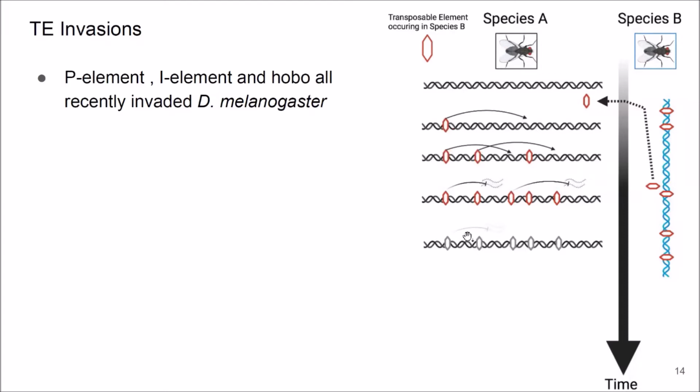And then eventually, over time, if the TE is not active anymore, it will just accumulate random mutations and lose its capability of transposition, which is why they are shown here in gray. So none of these elements are active anymore.